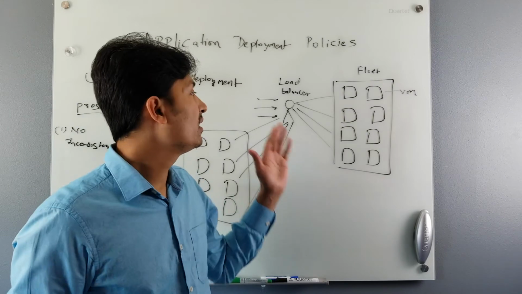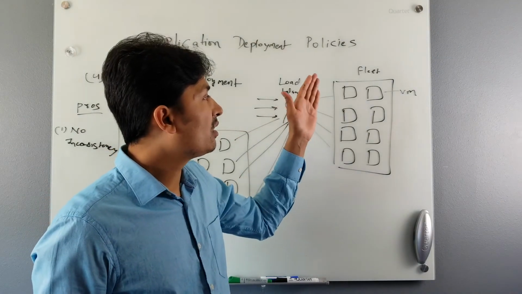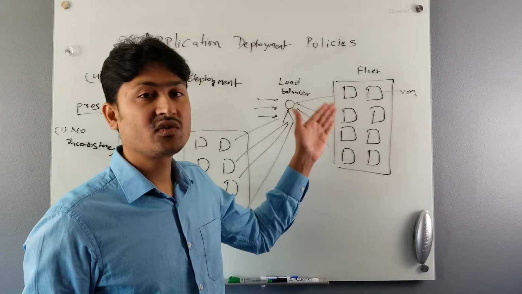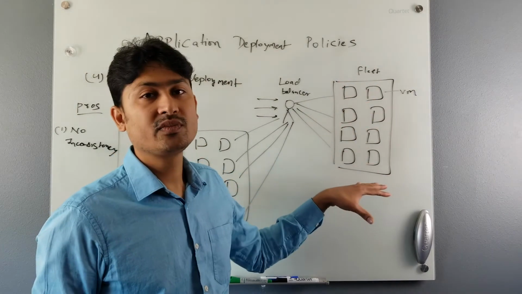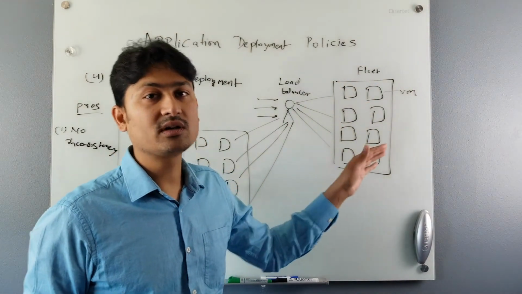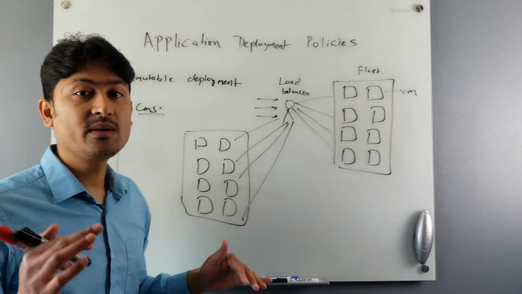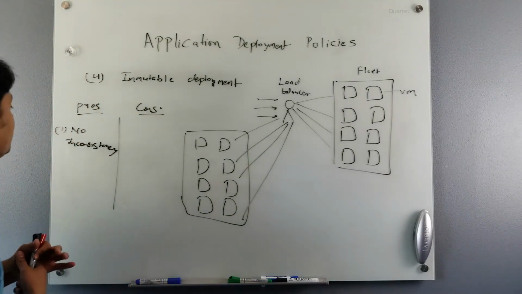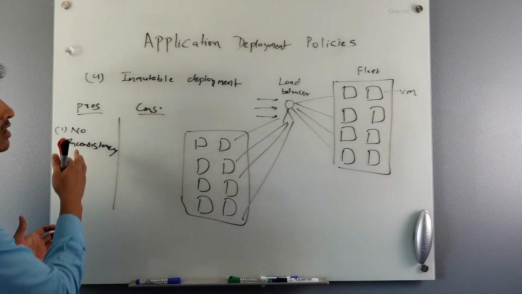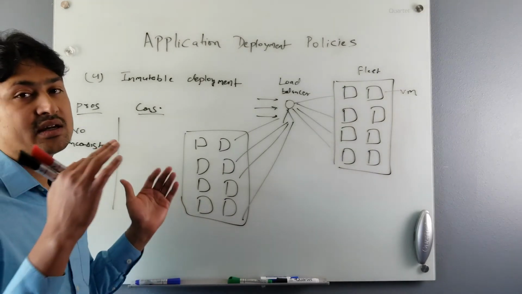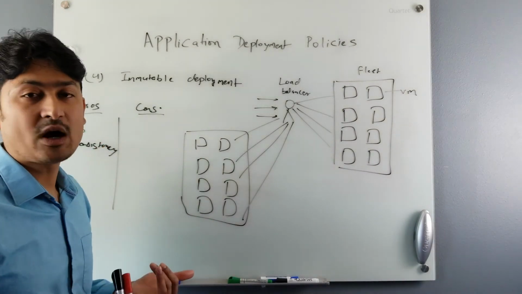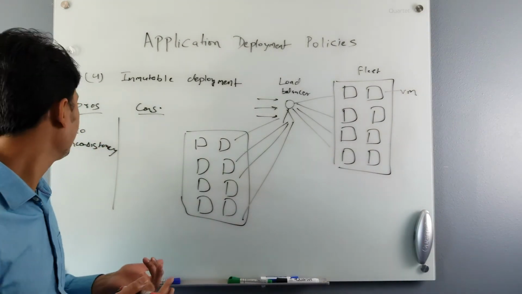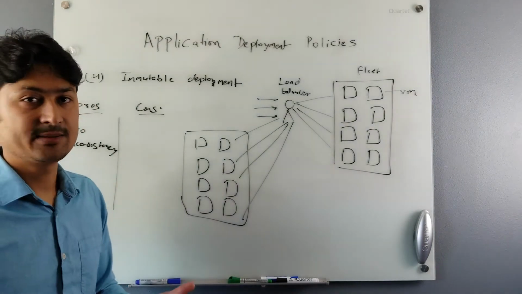Also, make sure all the existing requests are completed before killing the older servers, the servers which were running the older application version. And it also has all the benefits which we saw in the past. For example, there won't be any downtime, there won't be any availability drop, and there is no inconsistency.